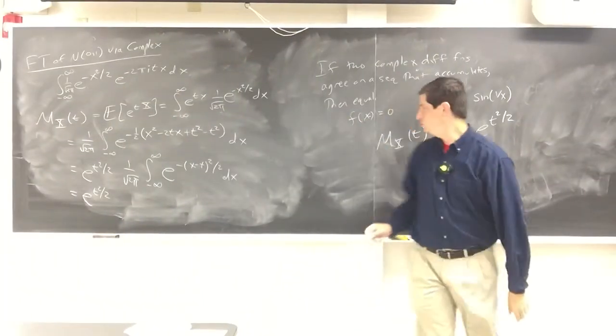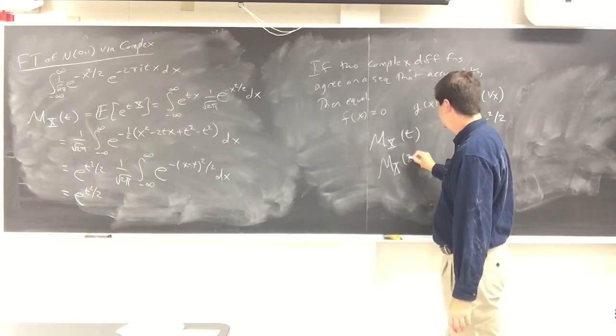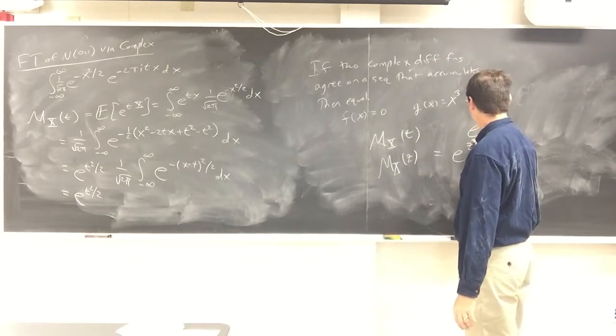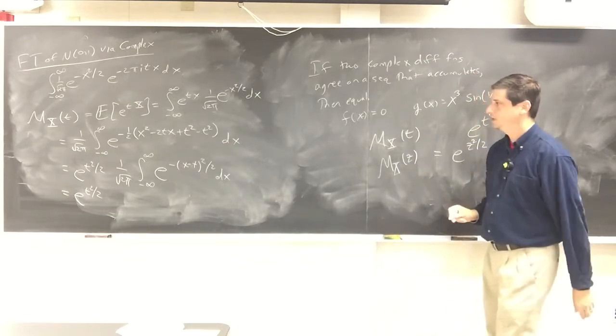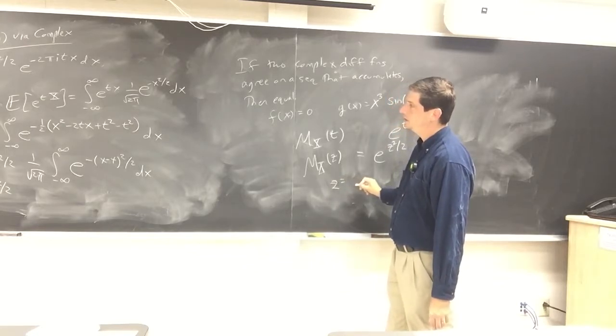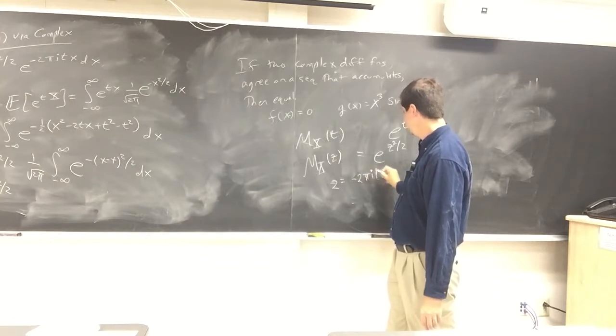So what you get is the moment generating function of z must equal e to the z squared over 2. And now just take z to be negative 2 pi i t.